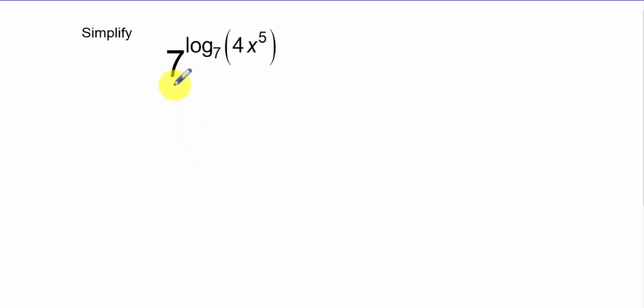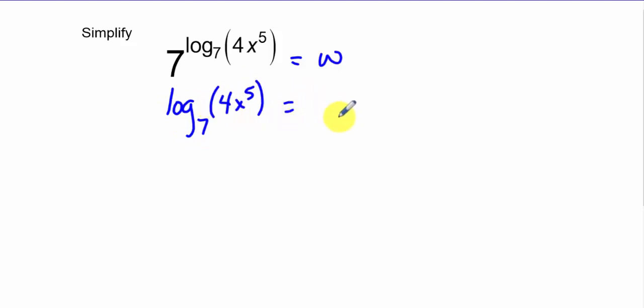Something a little different here, we now have an exponential. Even though there's a log in the expression, this log is in the exponent. So this is really an exponential. So I'm hoping to be able to solve this using the logarithm function to help me. So I slide the base and I get the log base 7 of 4x to the 5th is equal to the log base 7 of w.